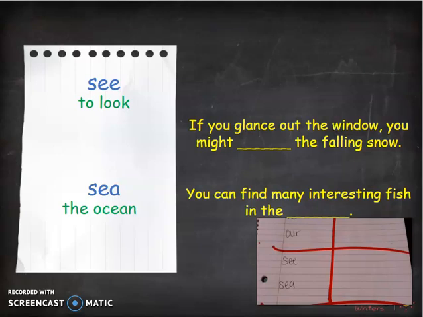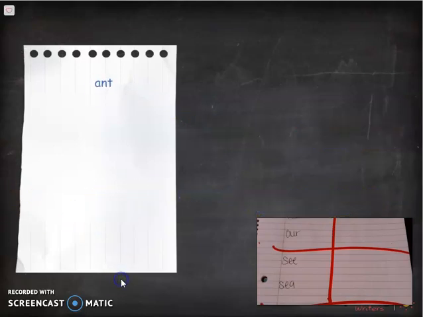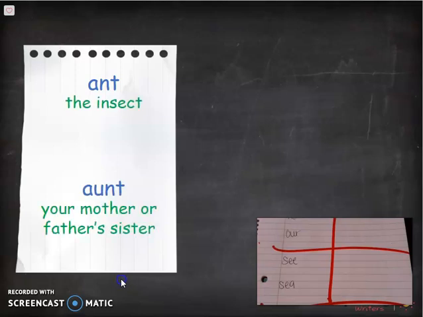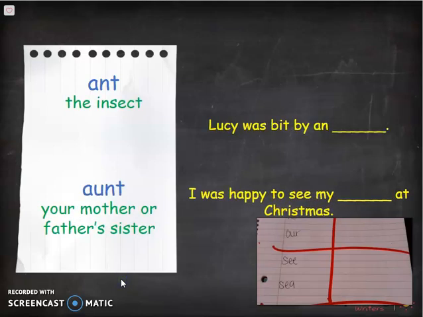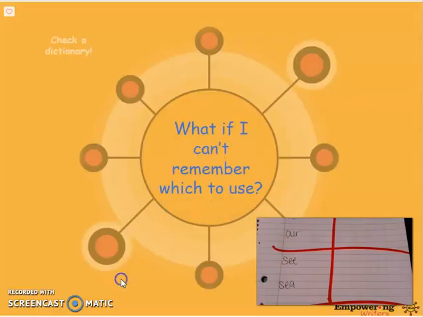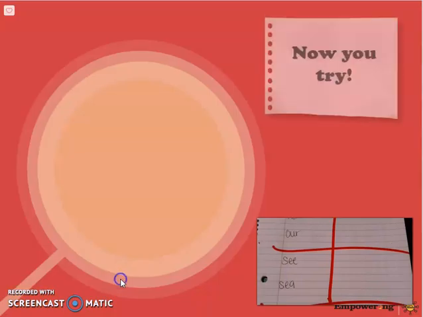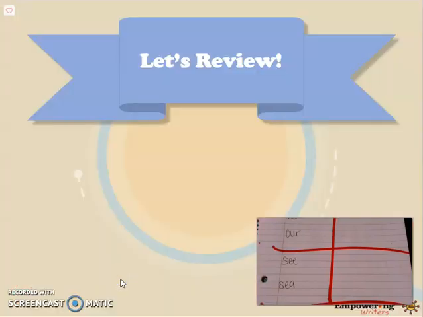So you have to be very careful. Ant and ant. If you can't remember, then be sure to use a dictionary.